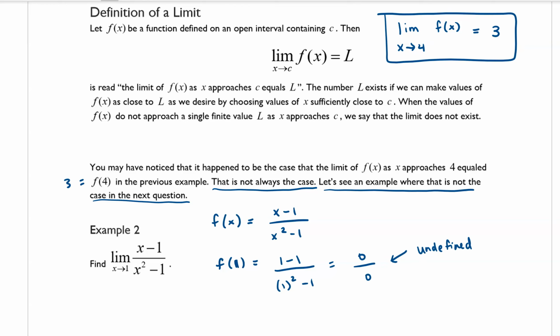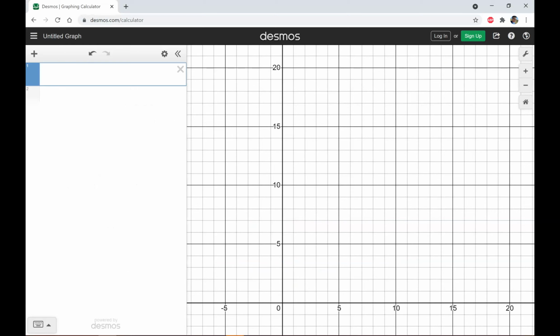So let's jump into, before I used Excel, let's use another technology tool that will help us figure out the limit for this function. All right, so I'm here at desmos.com/calculator, and this is a really nice graphing utility where I can create a function.